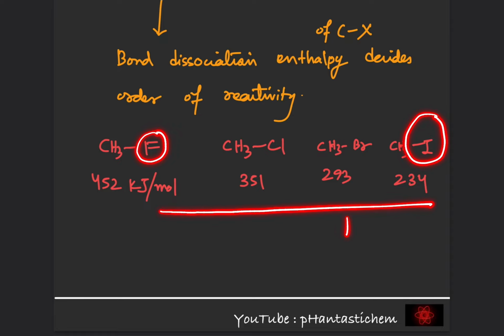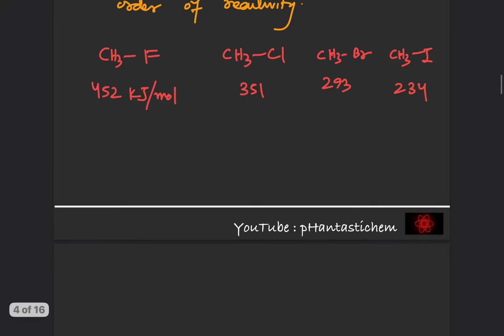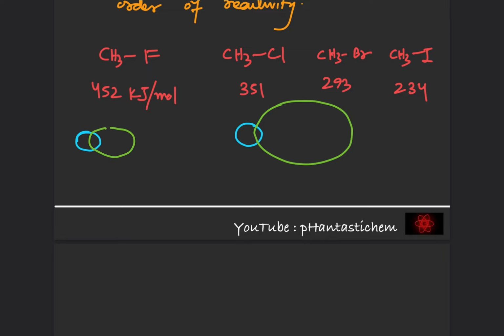is decreasing, right? This is happening because, if you want to compare the CI bond, let's say this is the carbon atom, and this is the iodine atom, and let's draw CF also. The carbon remains the same, but the fluorine is a bit smaller in size. Because iodine is larger, the overlap is less, so it is easier to break this bond.